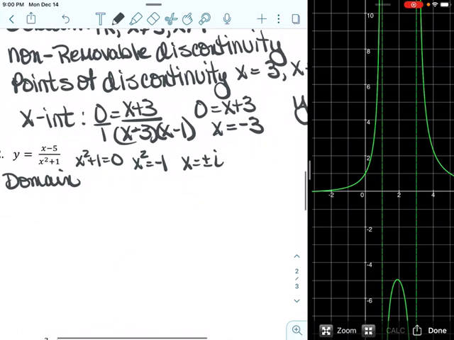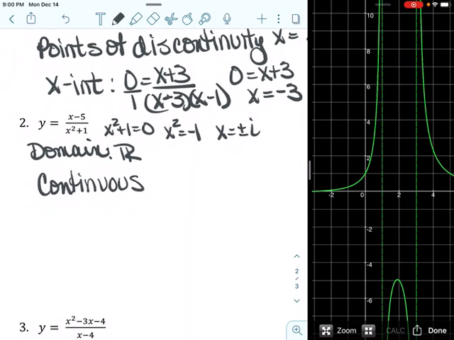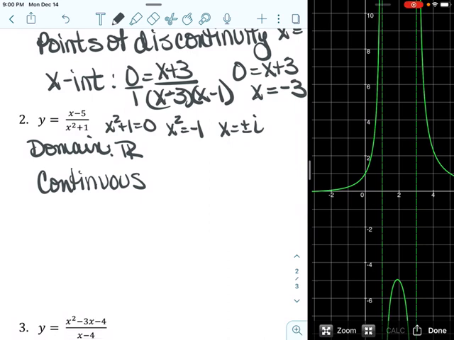So my domain is going to be all reals because i is not a real number, it's imaginary. Okay? So it is a continuous graph. Okay. It does not have any points of discontinuity.